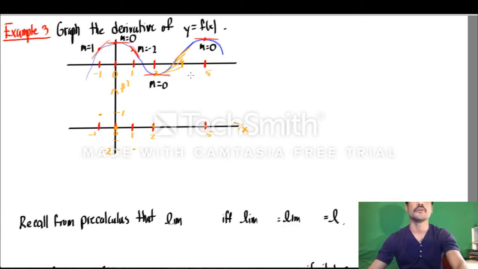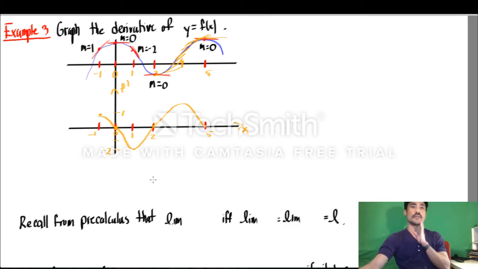Maybe that's 3, I don't know. Then it starts to decrease again back to 0 at x equals 5. So the derivative will increase, obtain a maximum, and dive down back to 0 at x equals 5. Very good. Let's connect these dots here, and I think that's pretty close.